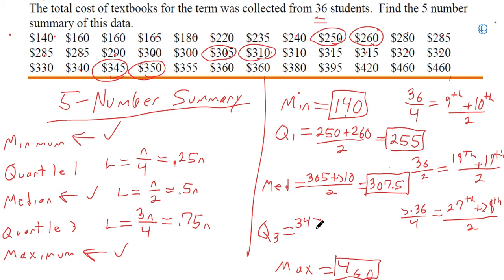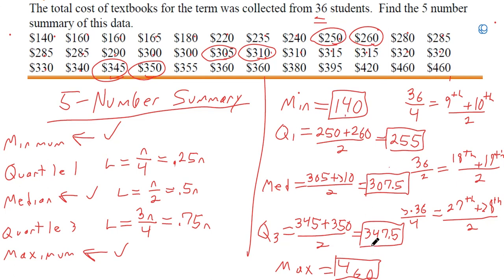So 345 plus 350. Cut that in half. You get 347.5. That would be my 5-number summary.